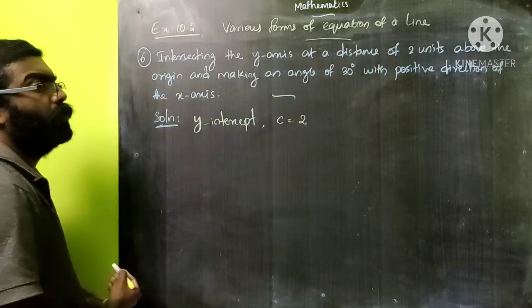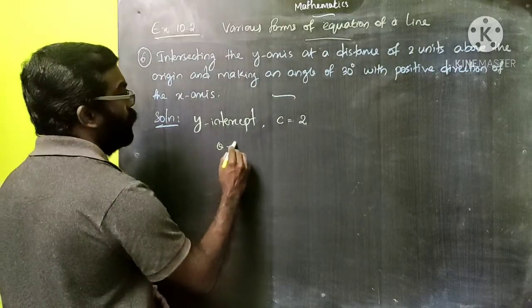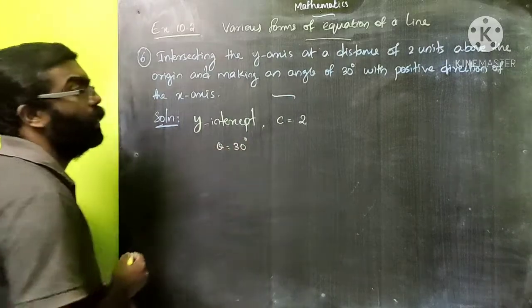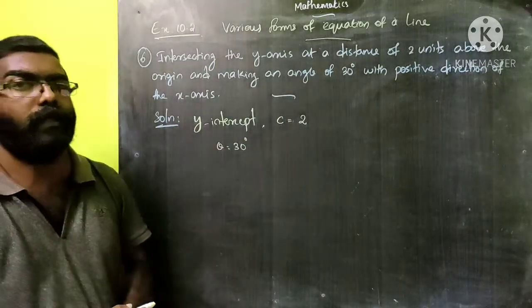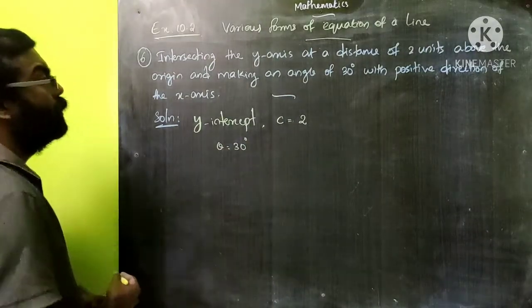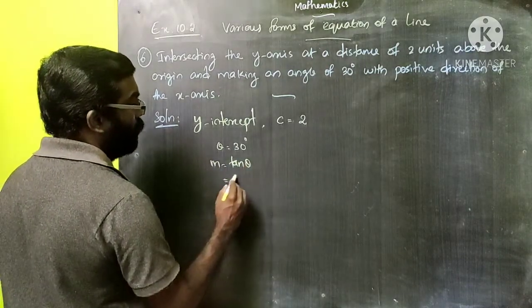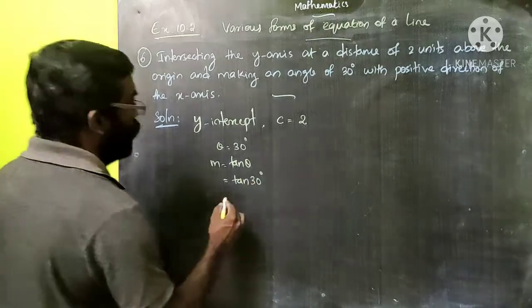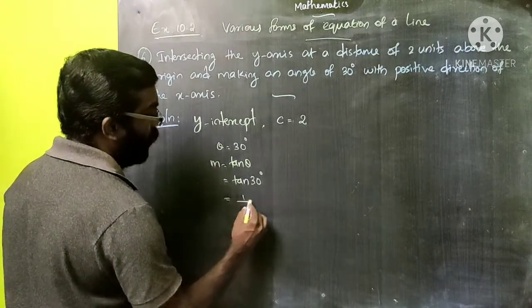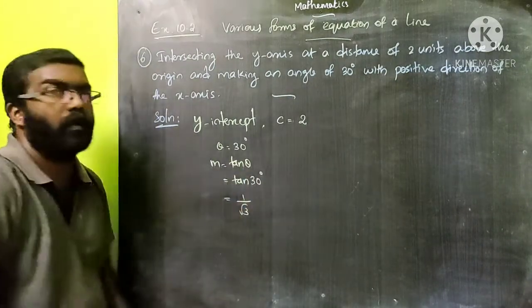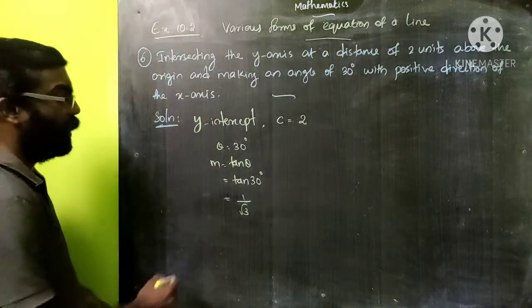Making an angle of 30 degrees, theta is equal to 30 degrees. Slope is not directly given. We have to find the slope using this angle. So m is equal to tan theta, that is m is equal to tan 30 degrees. What's the value of tan 30? 1 by root 3.